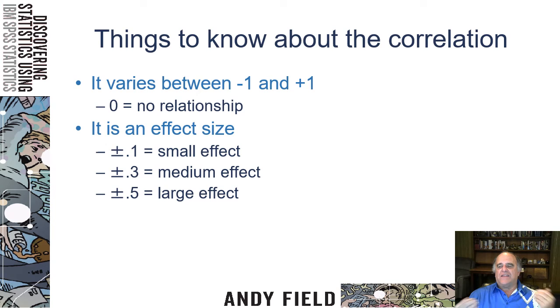Of course, then you would argue if you do correct for attenuation or restriction of range, these effect size labels no longer apply because we're going to be moving all of our correlation coefficients up.